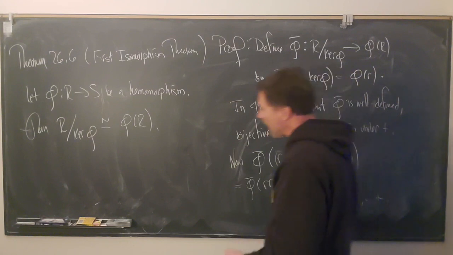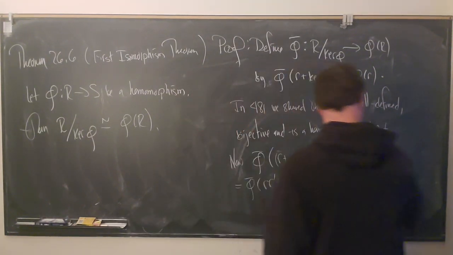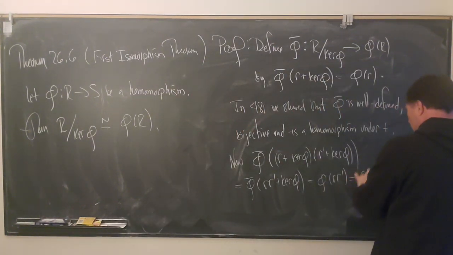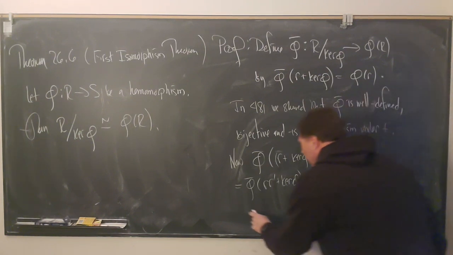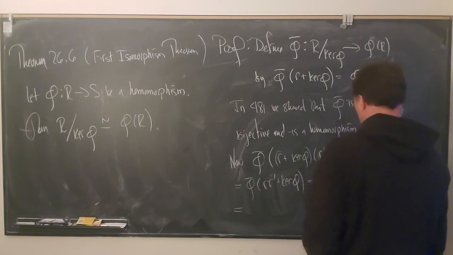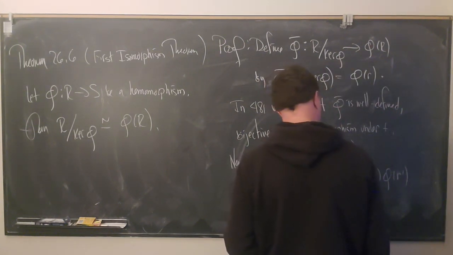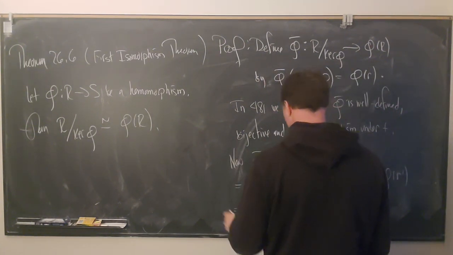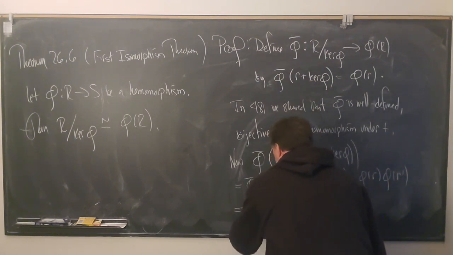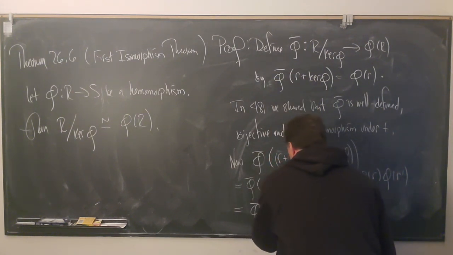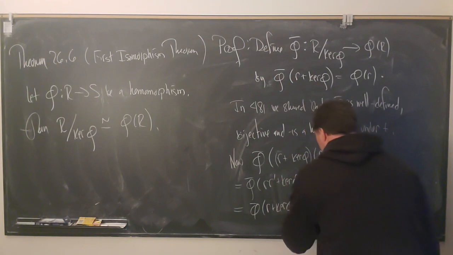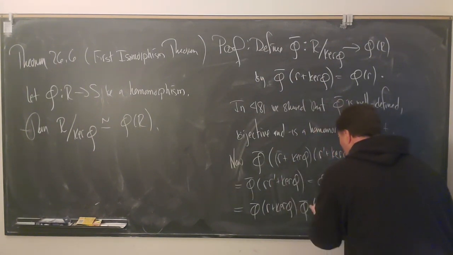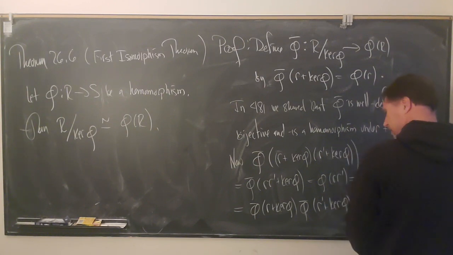But we know that phi is a homomorphism, so I can split this up. So that's phi of r times phi of r prime. And now we can put it all back together. So that's phi bar of r plus kernel phi times phi bar of r prime plus kernel phi. Okay, so that's all we needed.